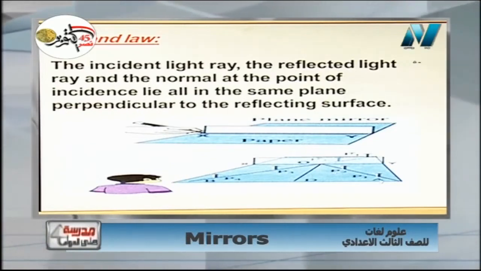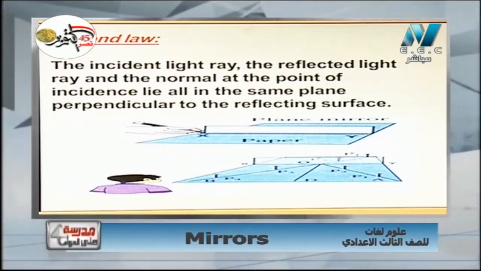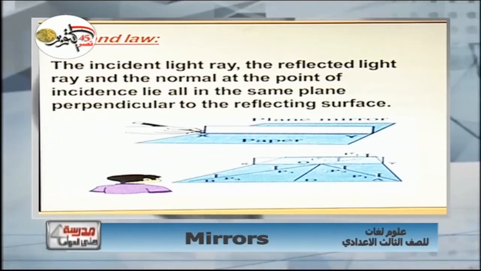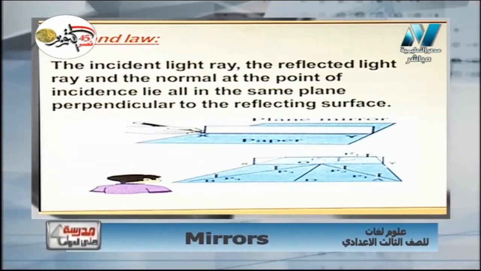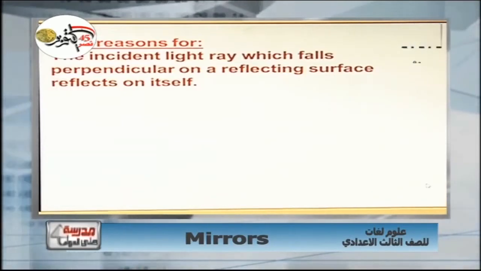After drawing you will find that this is the incident and this is the reflected and the normal. All of the three are on the same paper, meaning on the same plane. The plane with the mirror makes 90 degrees, so it is perpendicular to each other, and this is the second law.